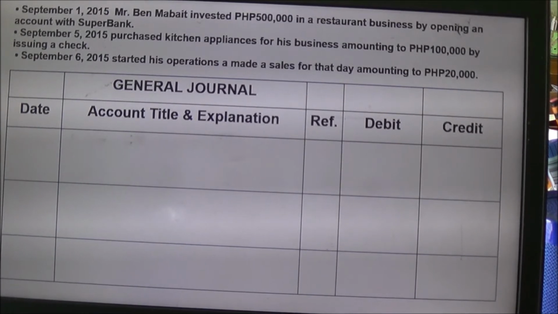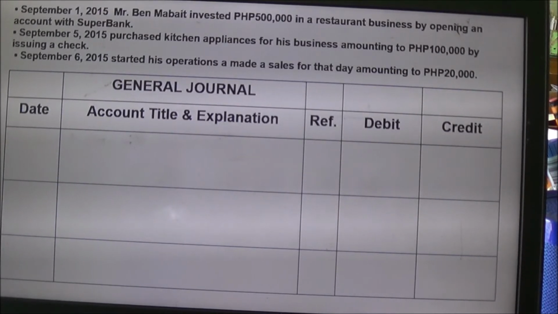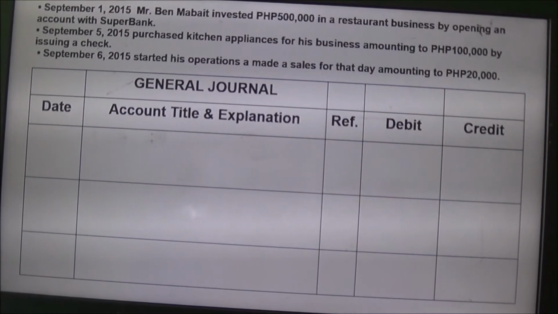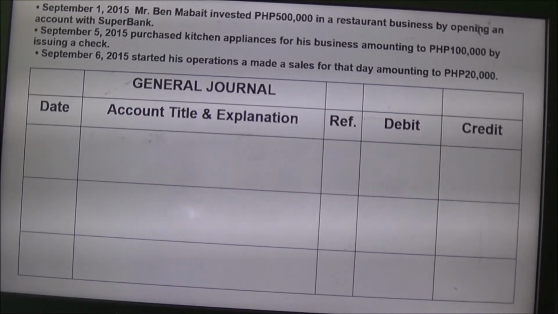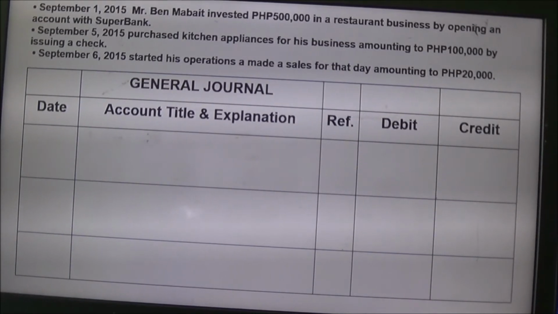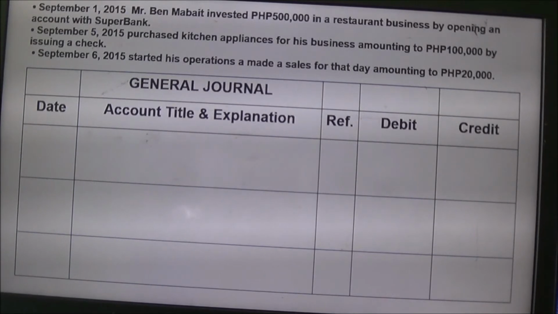So we have 3 transactions for the month of September. So on September 1, 2015, Mr. Ben Mabait invested 500,000 pesos in a restaurant business by opening an account with Superbank. And on September 5, 2015, he purchased kitchen appliances for his business amounting to 100,000 by issuing a check.